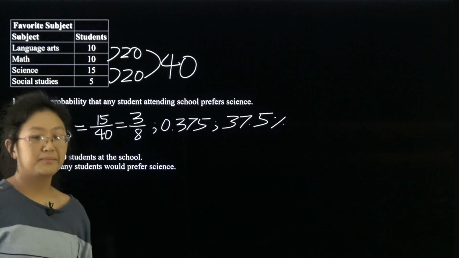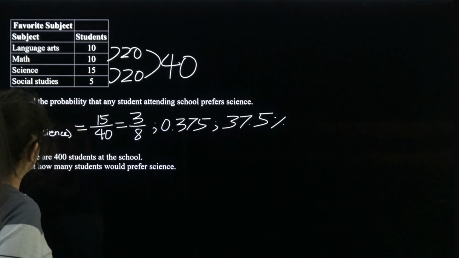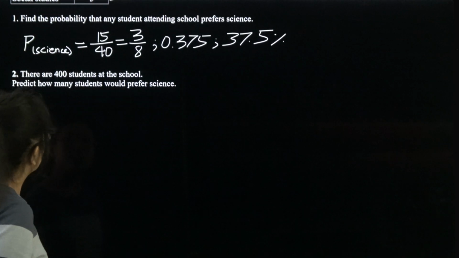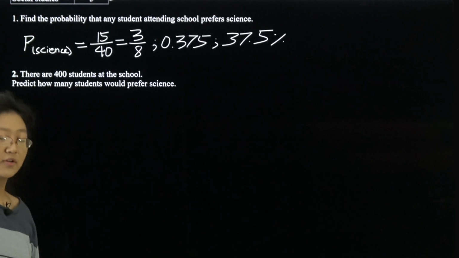So that's the probability. Now for the second question, there are 400 students at the school. Predict how many students would prefer science.